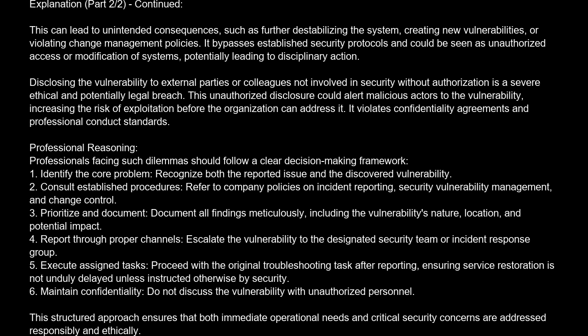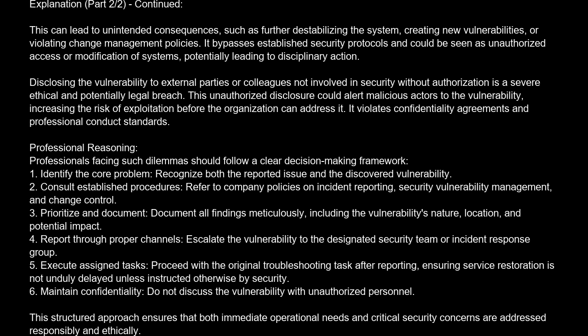Professional reasoning. Professionals facing such dilemmas should follow a clear decision-making framework. 1. Identify the core problem. Recognize both the reported issue and the discovered vulnerability. 2. Consult established procedures. Refer to company policies on incident reporting, security vulnerability management, and change control. 3. Prioritize and document. Document all findings meticulously, including the vulnerability nature, location, and potential impact. 4. Report through proper channels.